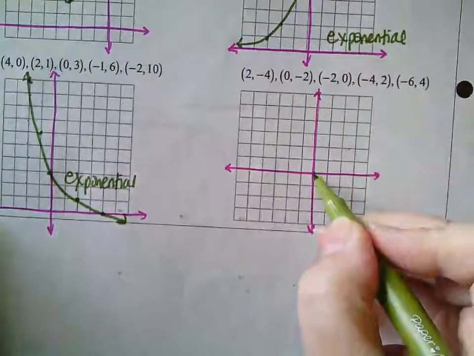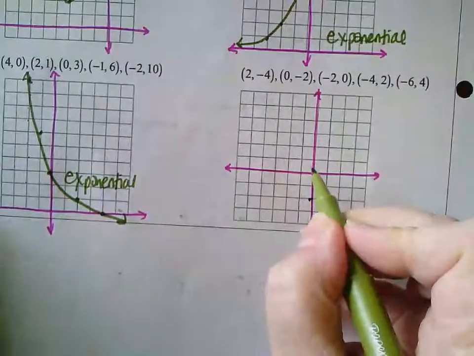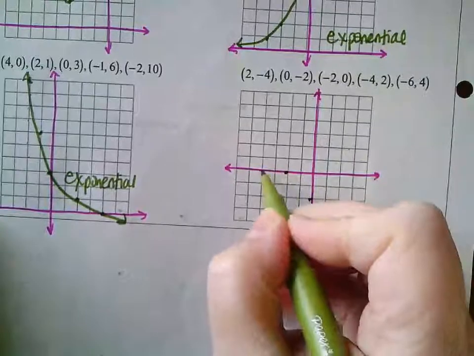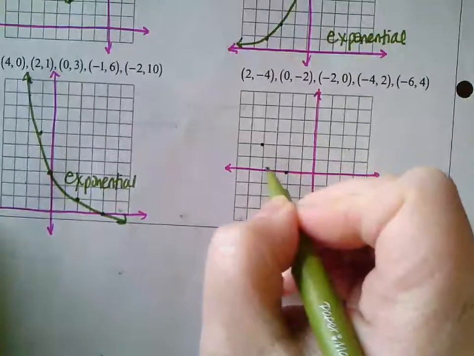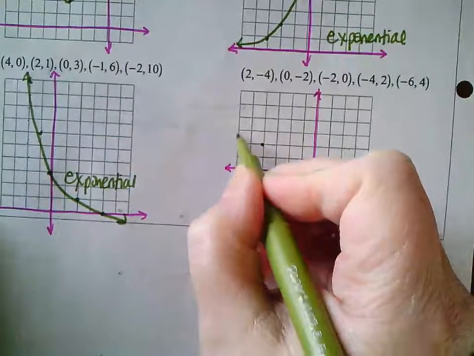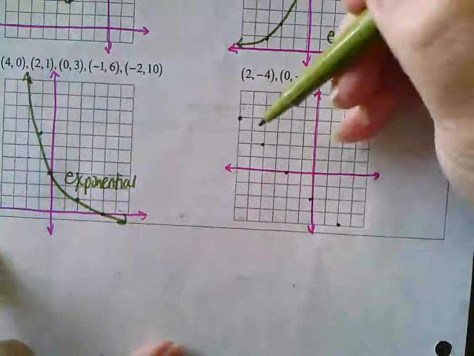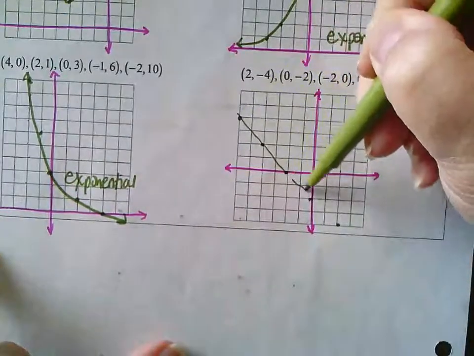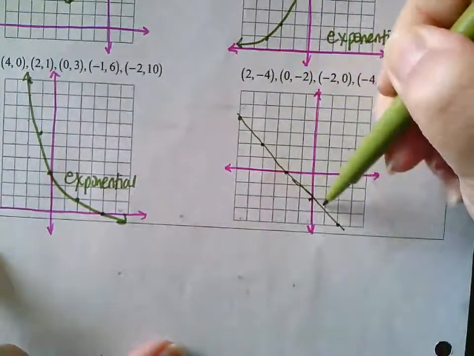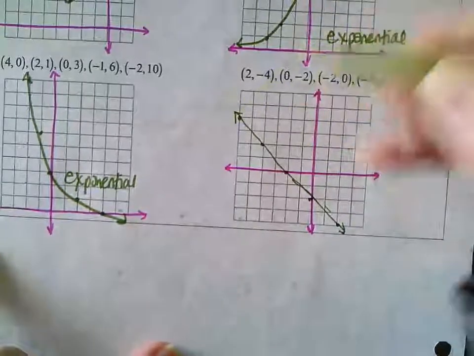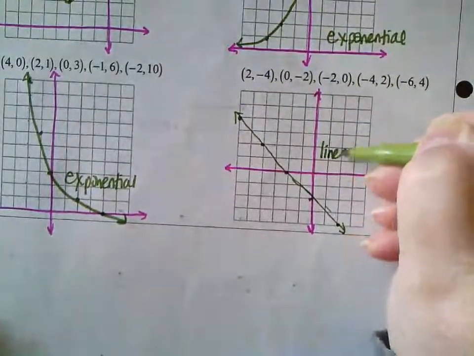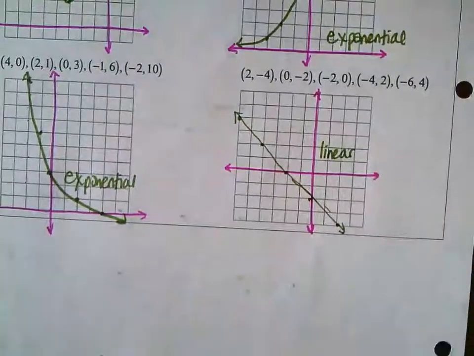And 0, -2, -2, 0, -4, 2, and -6 and 4. Well, if you connect them, probably a little neater than I just did, but if you connect them, you can see this is a line, which means it's linear.